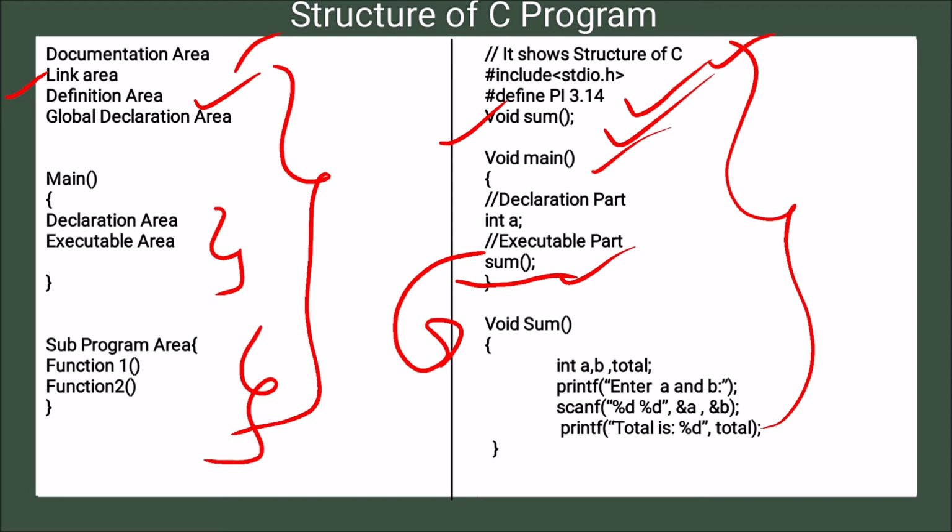First, enter the values of a and b. For that we write a statement like printf enter a and b, and we scan those values, get them from the user and store them in variables a and b, and then we print the total of a and b.